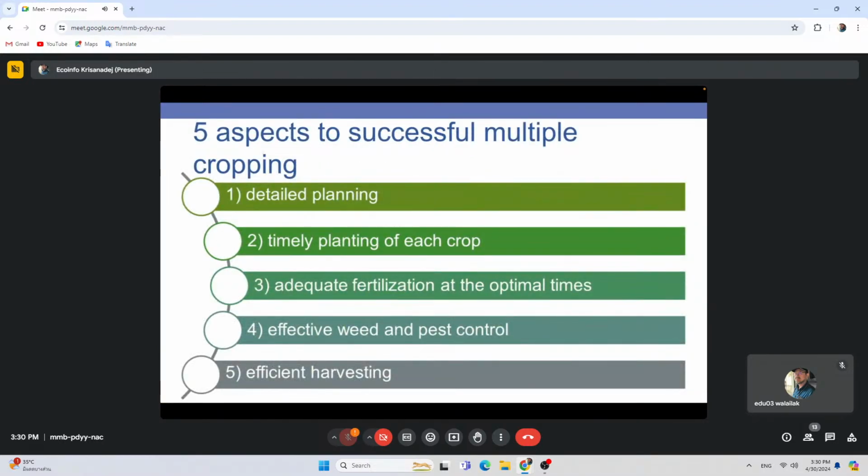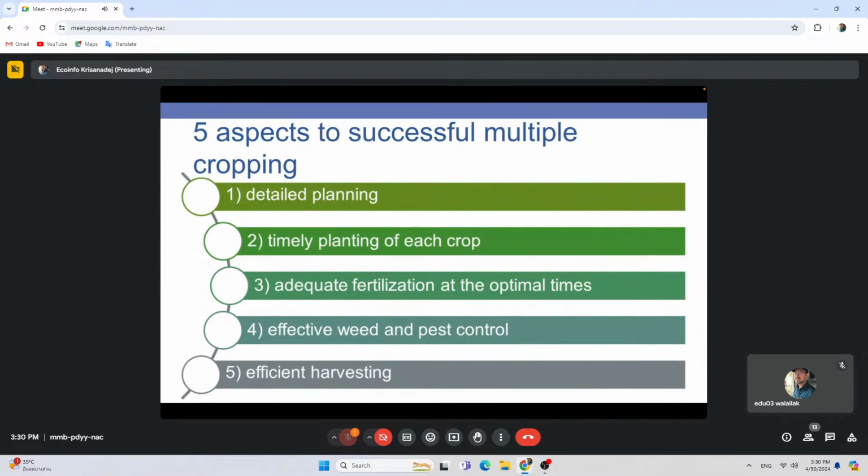Five aspects to successful multiple crops. The farmer has to understand, do the detailed planning, the timely planning of each crop. It doesn't mean they have to plant at the same time, because like pea and corn, you want to collect the corn first, and then you want the pea to climb the corn stalk.